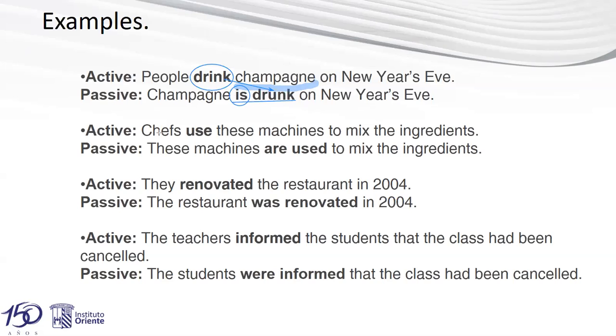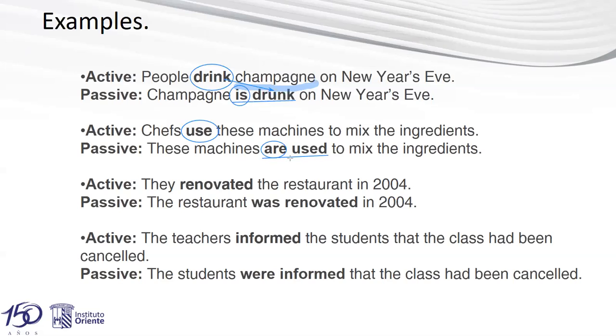Now, chefs use these machines to mix the ingredients. So, what is the verb? Yes, it's use. Present or past? Present. Great. Now, our use is the passive. Now, observe one more time. Why are?